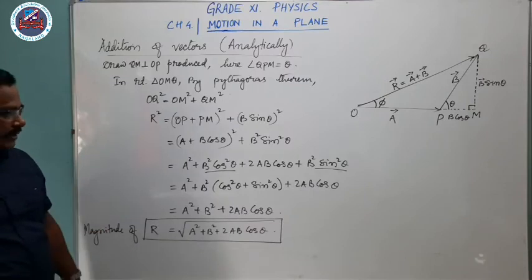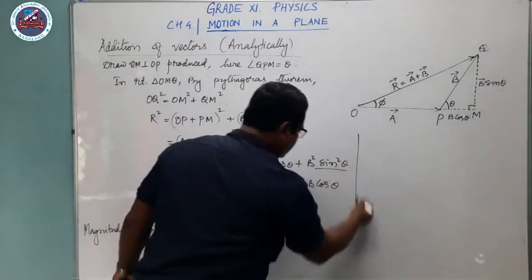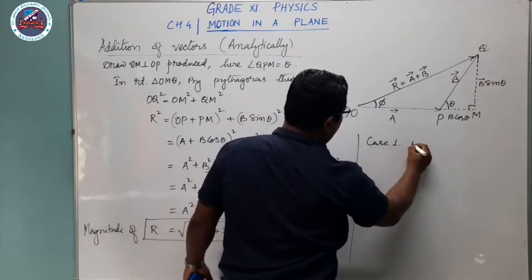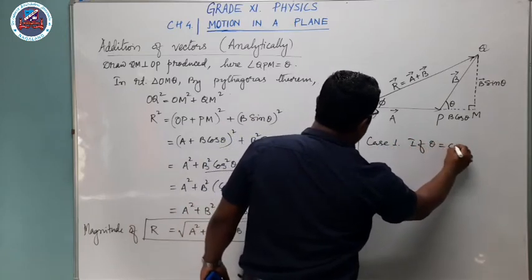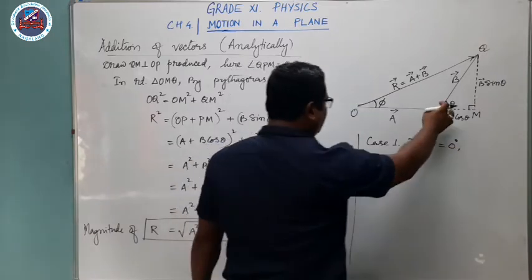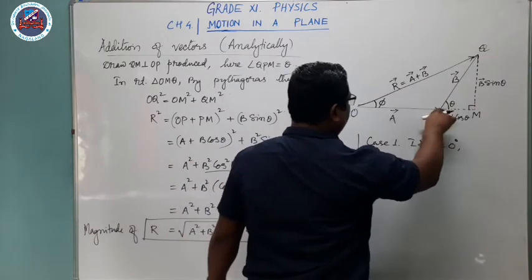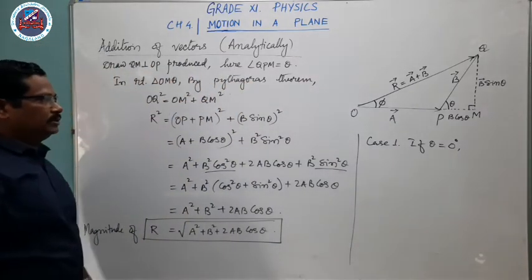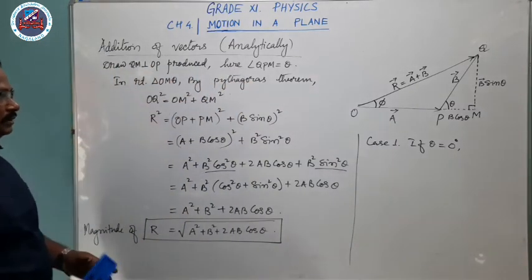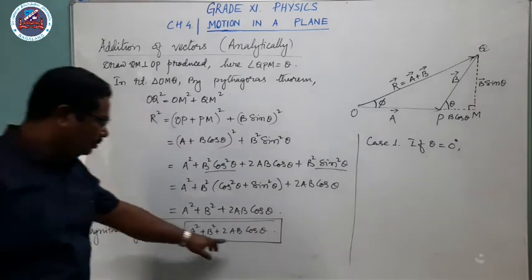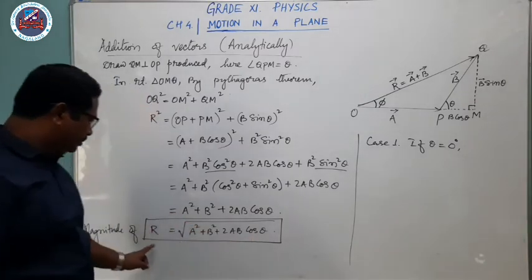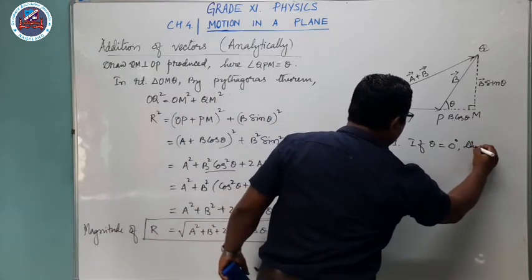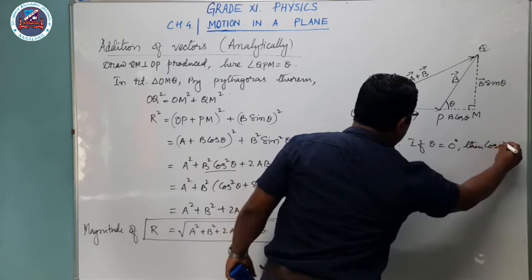Now some special cases. Case 1: if theta is 0 degrees, that means both the vectors are pointing in the same direction. They are collinear vectors. Then cos 0 degrees is equal to 1.